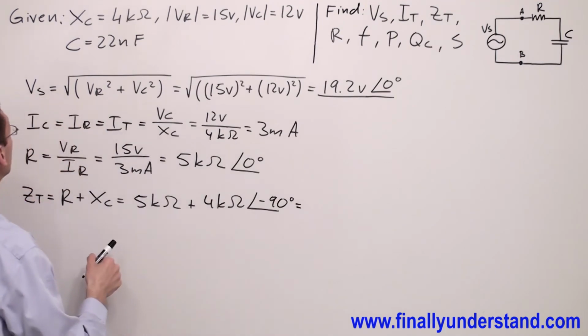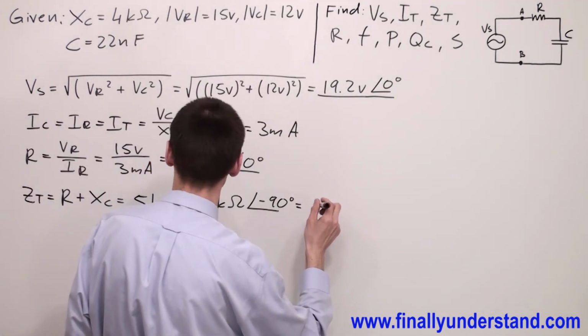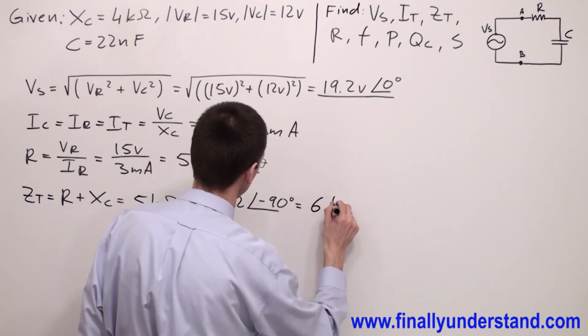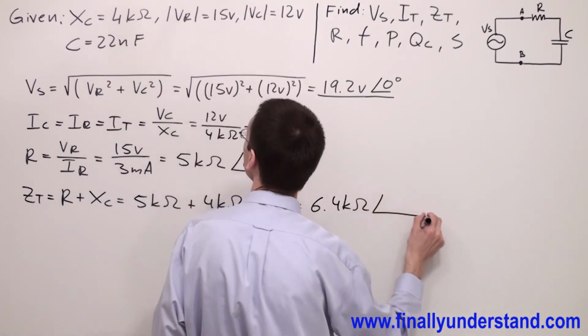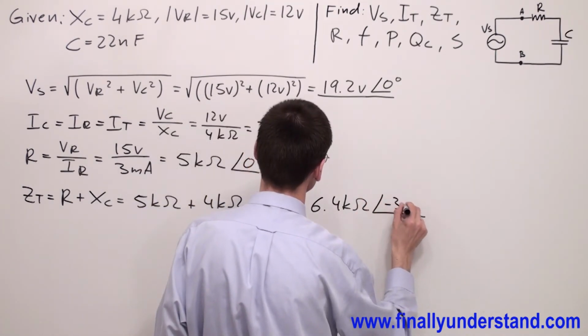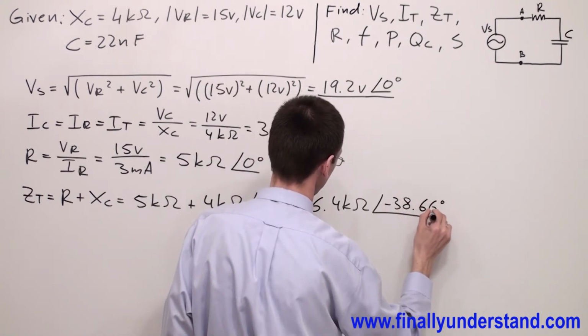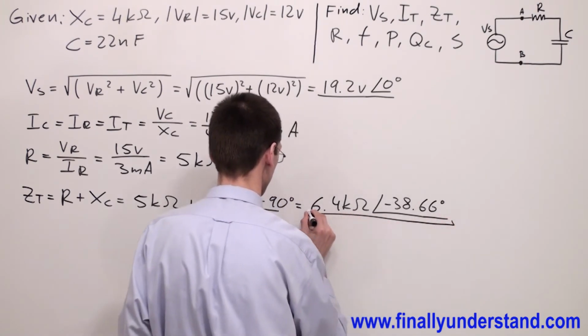Use the calculator and find the value of Z total. This is equal to 6.4 kiloohms at an angle of negative 38.66 degrees. This is my Z total.